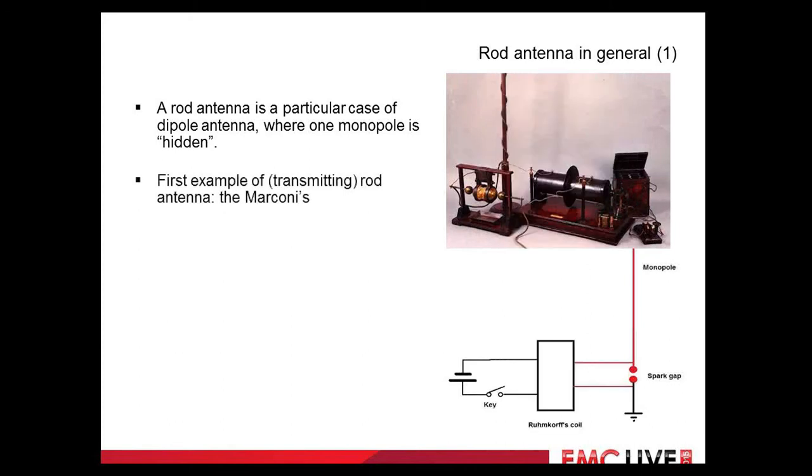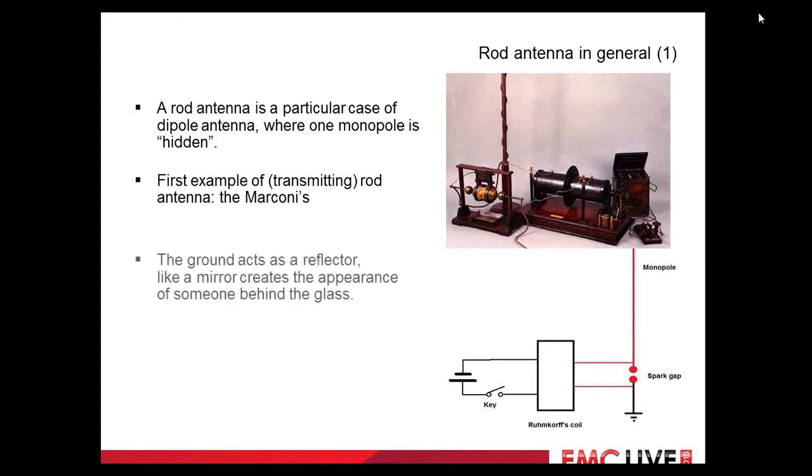The first example was the Marconi antenna, designed for emission, of course. As you can see, this was one of the first transmitters. The other monopole, which constitutes the dipole, is the ground. And the ground acts as a reflector, so more or less like walking on a mirror.